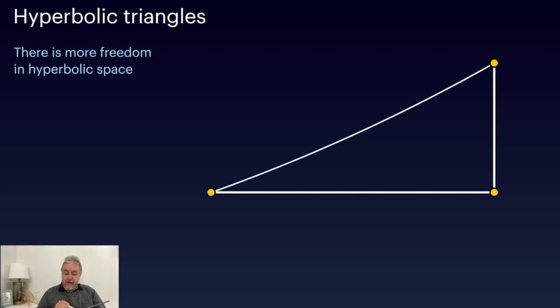For instance, you can get triangles like that. So if you only have a first look at that, it may look like a Euclidean triangle, but it's actually not. If you look carefully, this side here is an arc that lies on a circle. It's slightly bent, and if you measure the angles here, I got a 90, 60, 20 triangle.